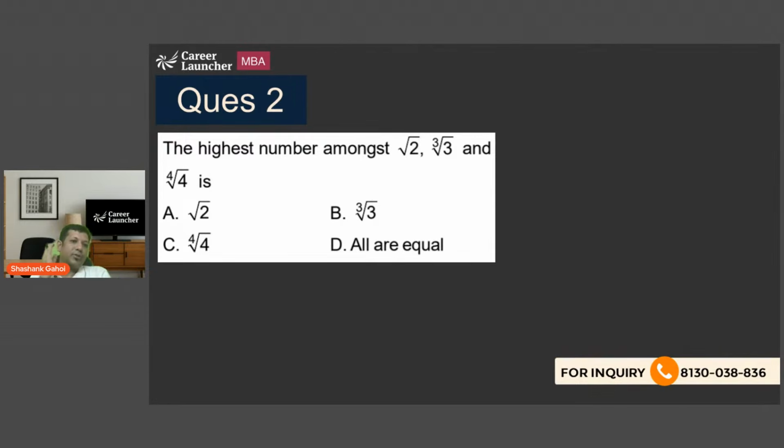Now this is the question: which of the following is the highest among these three numbers? What approach am I going to take to solve this?